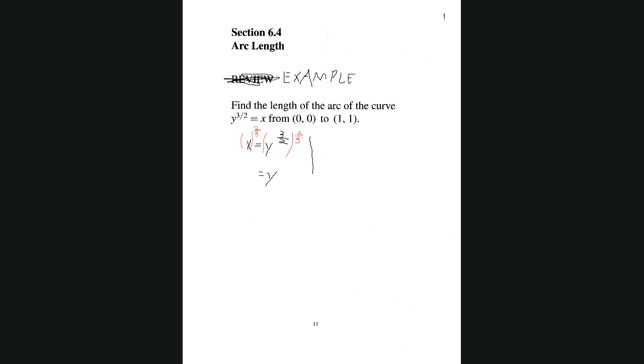Because y to the 3/2 raised to the 2/3, you multiply the exponents. That gives you y to the first power. So y to the first power, which is y, will equal x to the 2/3.